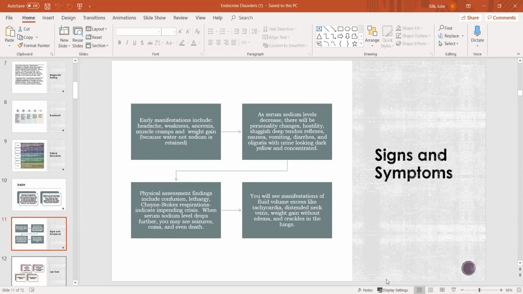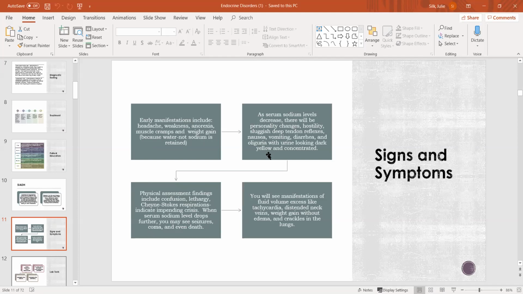You could see confusion, anorexia, seizures. You're going to probably have a low urine output and really concentrated urine. When you look at this slide, I'm sure I have more listed than what I just said, but you can read through those.